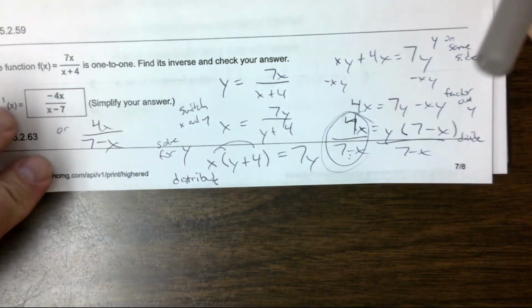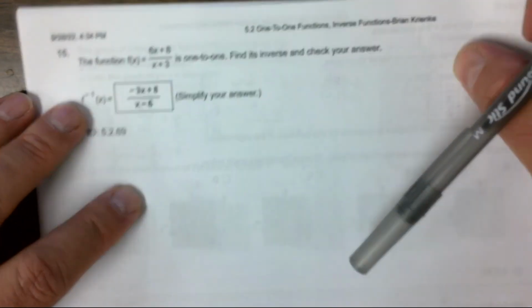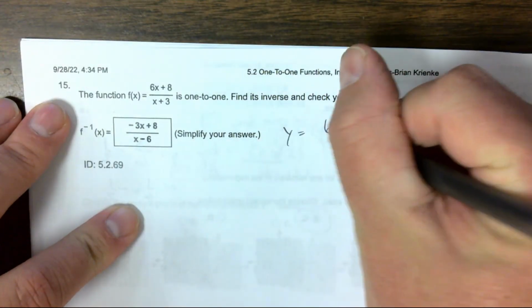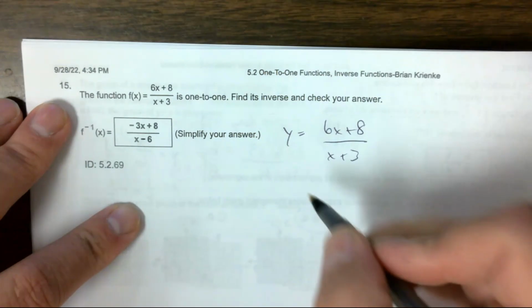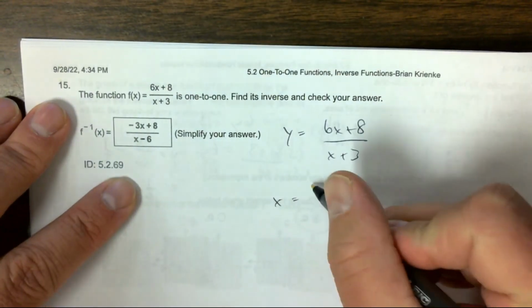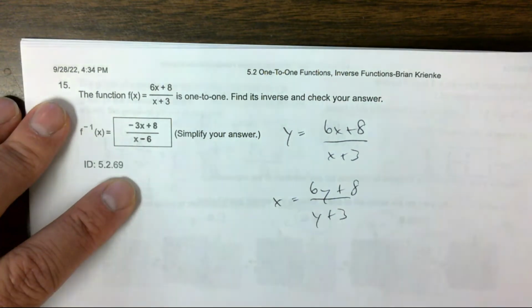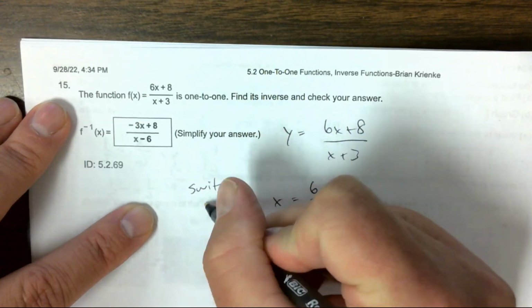And then our last one, probably something similar. We have y equals 6x plus 8 over x plus 3. So our first step is say x equals 6y plus 8 over y plus 3. So again, that was switch x and y.